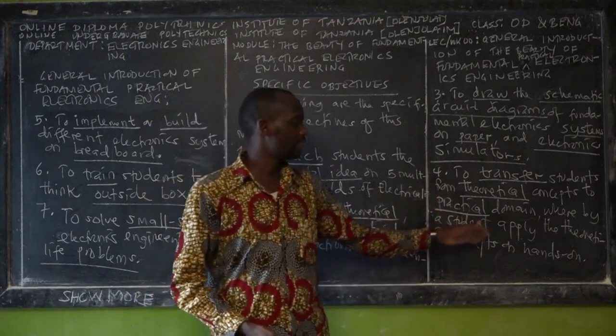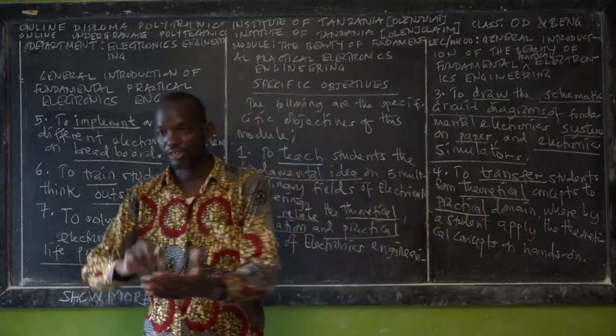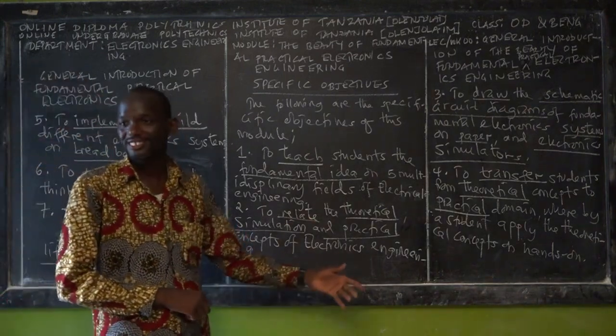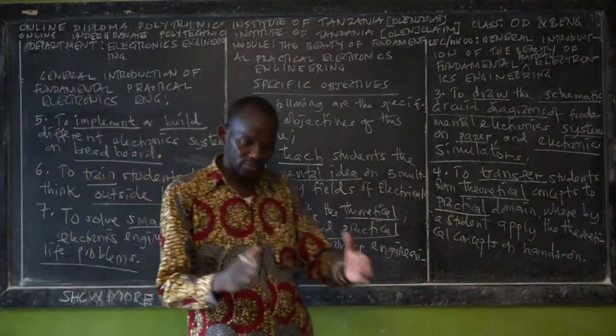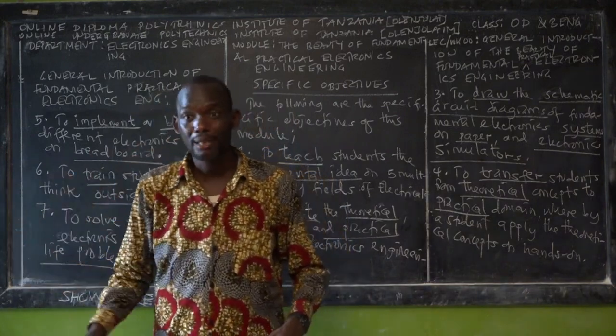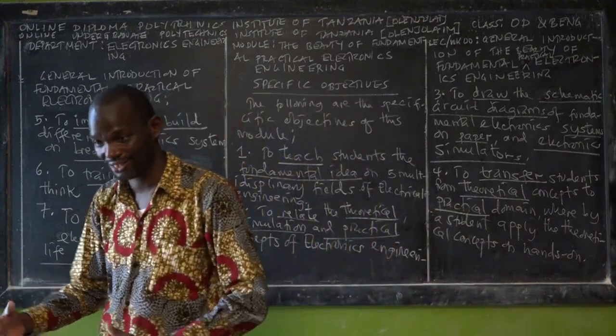Theoretically you can draw the circuit on paper, but practically you can draw on the computer and test it. So now you have been transferring your theoretical belief that if I do it this way it's going to work. But now, by using the electronic simulator, you can test whether it is going to work or not.